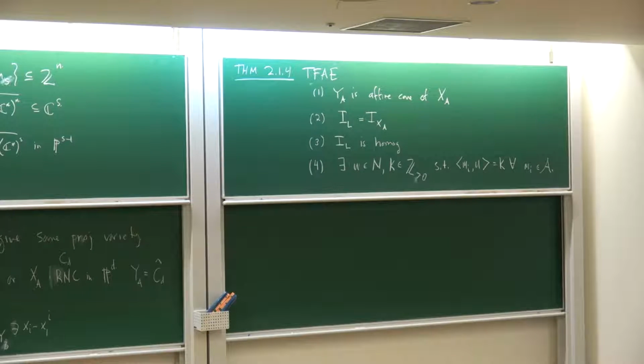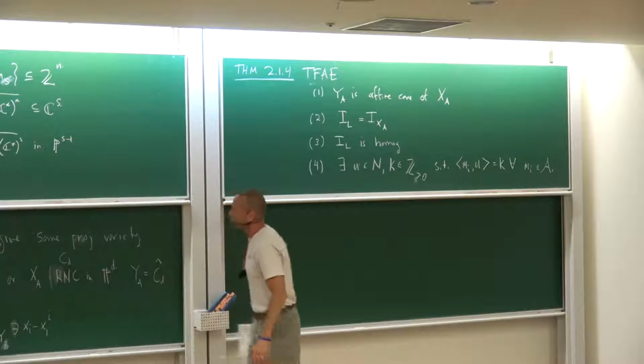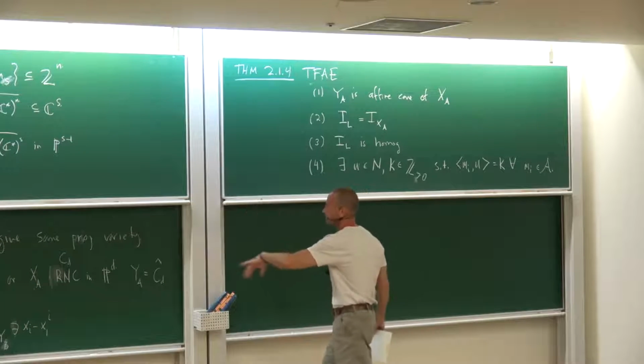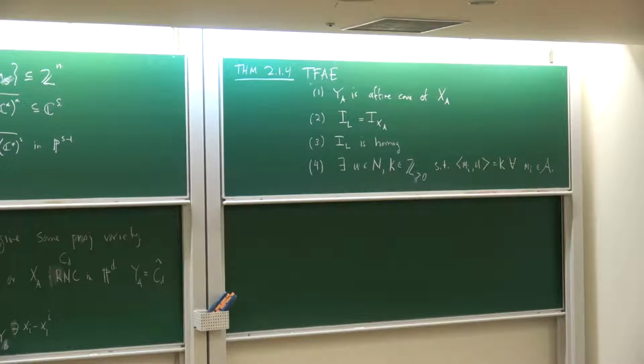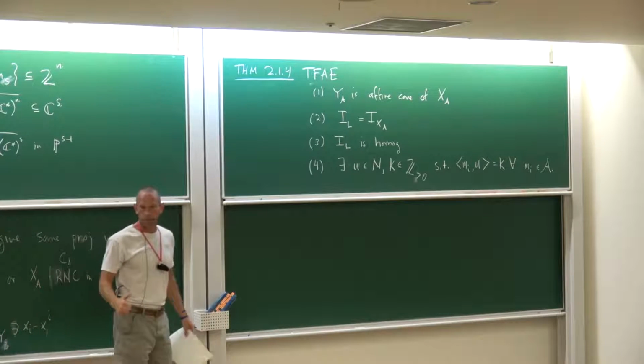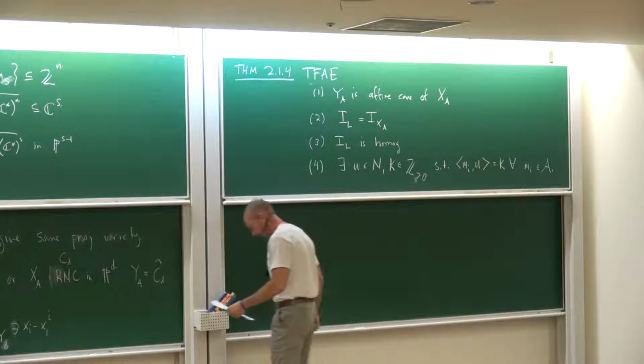And I'm taking the closure of this all the way up in here instead of just in C. So I'm closing it up in, this is my X. Is that good now? Okay. All right.